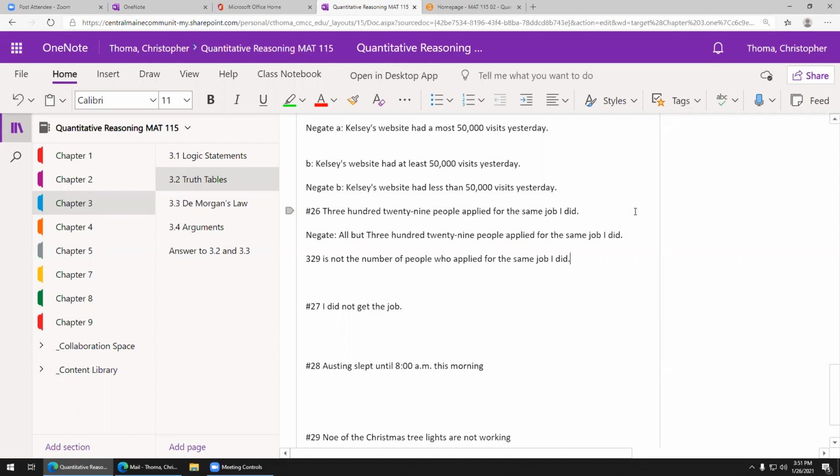Okay. I would have probably come up with: at least one person didn't apply for the same job I did. At least is my go-to, because if you take statistics with me, you'll see I use "at least" all the time. It's the easiest way to do the opposite, because then I have one that did not do it. So at least one person did not apply for the job that I did. Now that at least covers everything else.